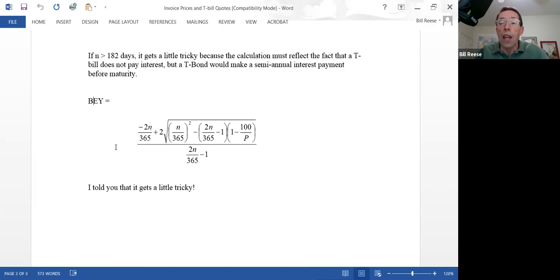The yield on a discount basis is an approximation of the yield to maturity, where instead of the true number of days in a year, 365, you have 360. And instead of putting the price in the denominator, we put 100 in the denominator. So that's what we need to know about Treasury bills and how they are priced. In our next session, we're going to look at some of this stuff in Excel.